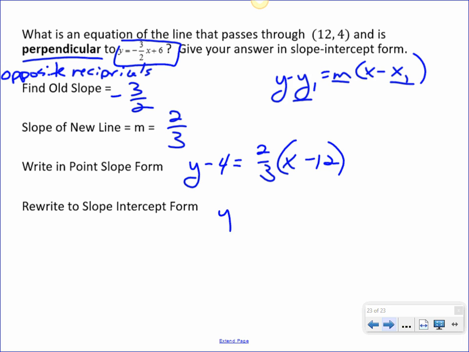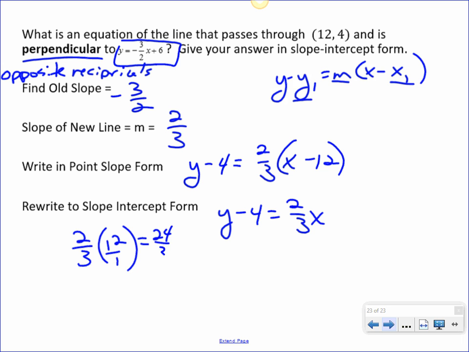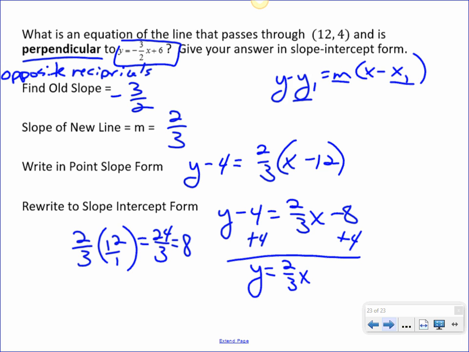So I'm going to have y minus a 4 equals 2/3 x. And if I distribute 2/3 times the 12, it's like 12 over 1, so that would be 24 over 3, which is 8. So this would be minus an 8. From there, I would add 4. And you should get y equals 2/3 x minus a 4.